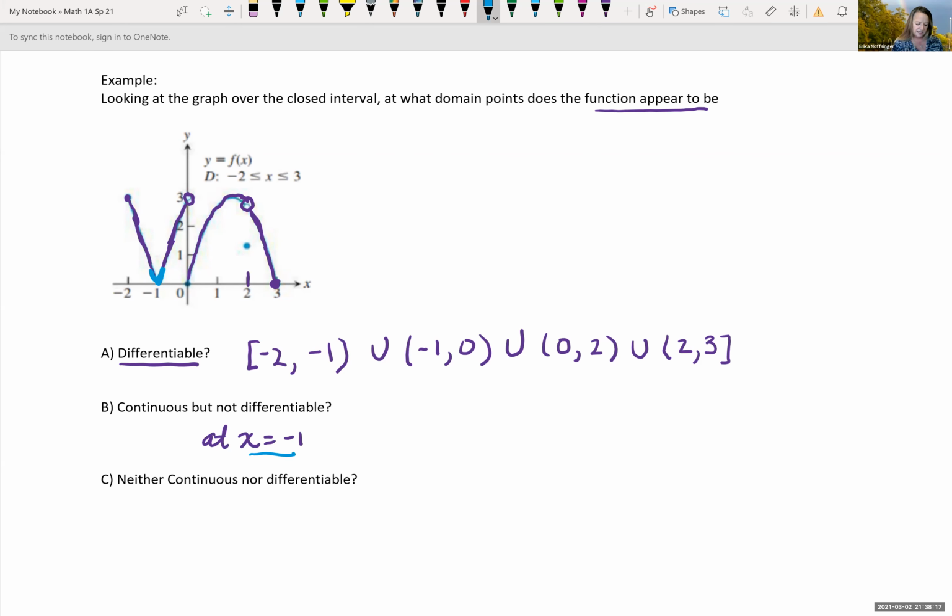And then neither continuous nor differentiable. Well, I just kind of stated that. It's not continuous nor differentiable at x equals 0 because of that jump, and at x equals 2 because of that jump.